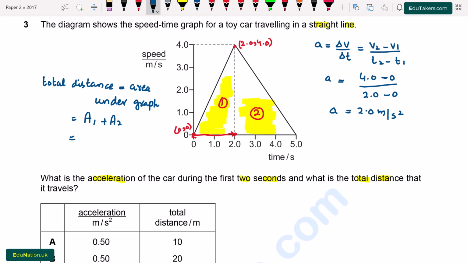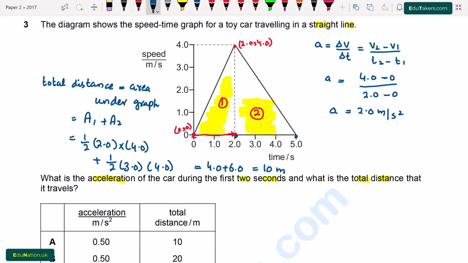Area 1 will be equal to 1 over 2 base, which is time 2.0, multiplied by 4.0, plus area 2 will be 1 over 2, time is from 2.0 second to 5.0 second, so it will be 3.0 multiplied by 4.0. So total distance will be equal to 4.0 plus 6.0, which is equal to 10, and the unit is meter. So the distance is equal to 10 meter and acceleration is equal to 2.0 meter per second square.